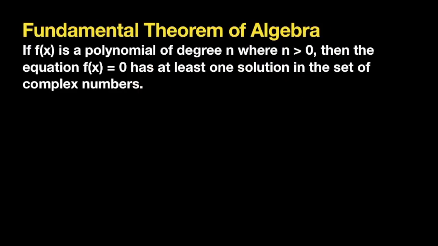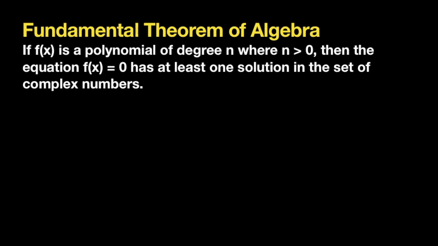The fundamental theorem of algebra states if you have a polynomial, and that polynomial we're going to say f of x, and the degree of the polynomial is n, where it's going to be a number greater than 1, then anytime that you make that equation equal to 0, you're going to get at least, and that is the important part, at least one solution.